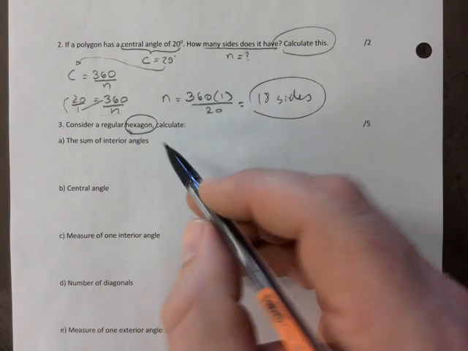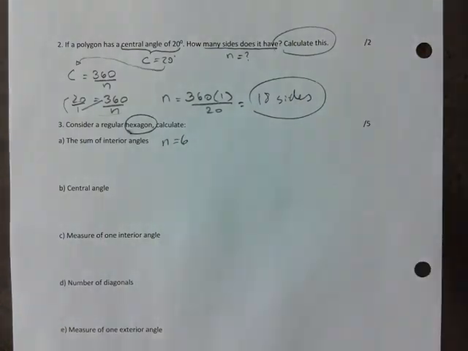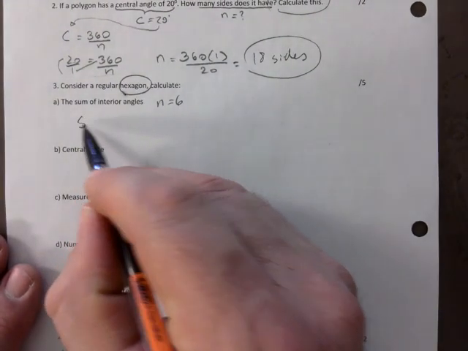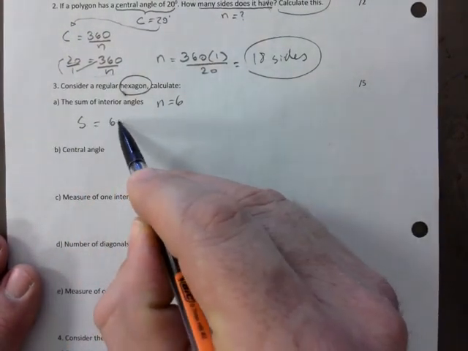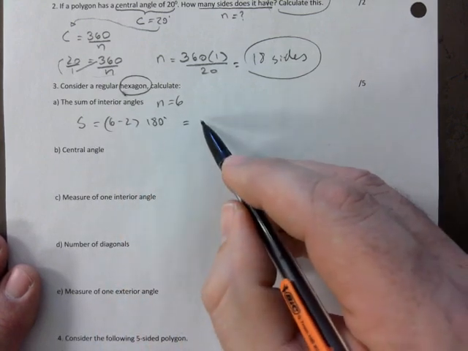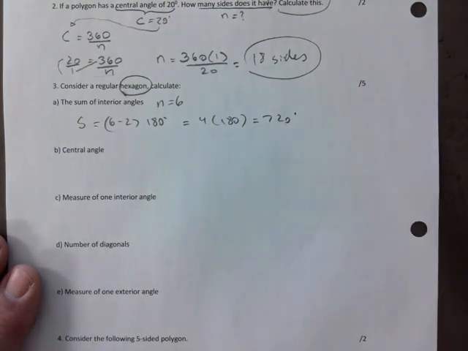Regular hexagon, what is that? If you remember, it tells you that there are 6 sides for this shape. And let's just go through this. The sum would be 6 minus 2 times 180, which is 4 times 180, which is 720.